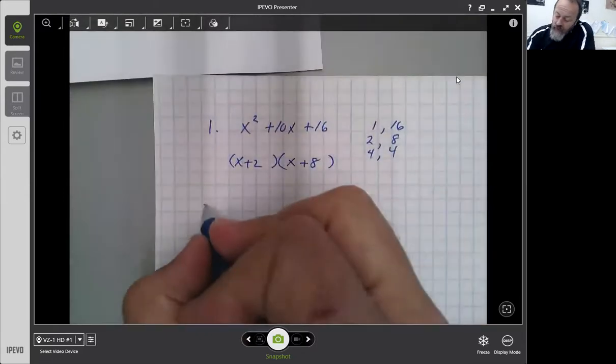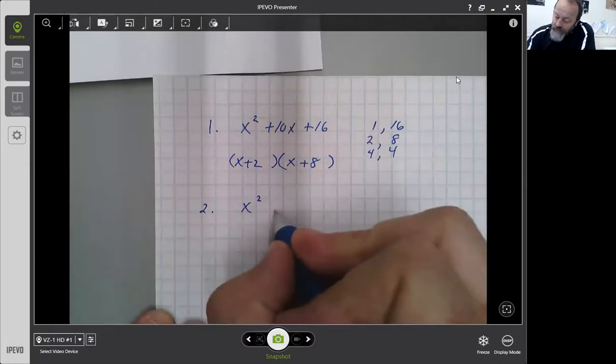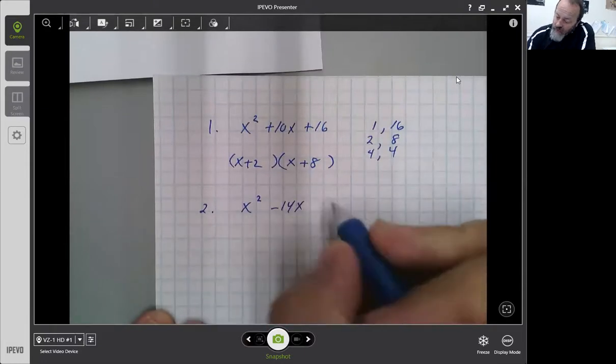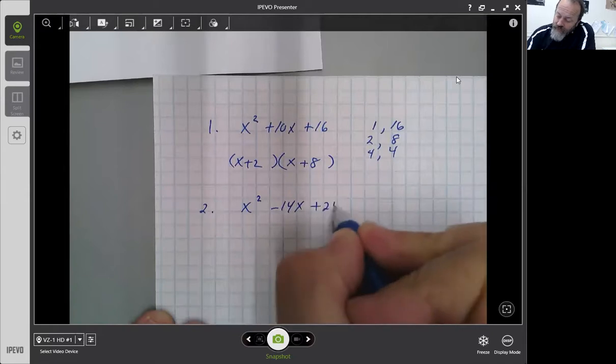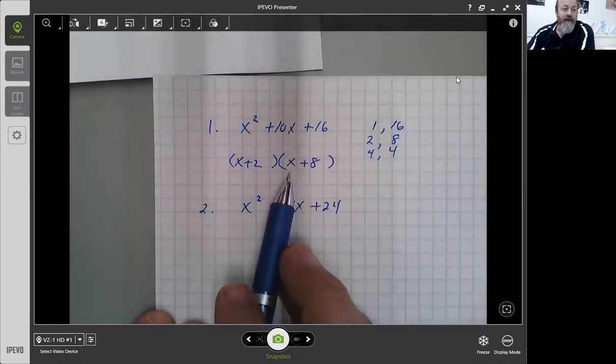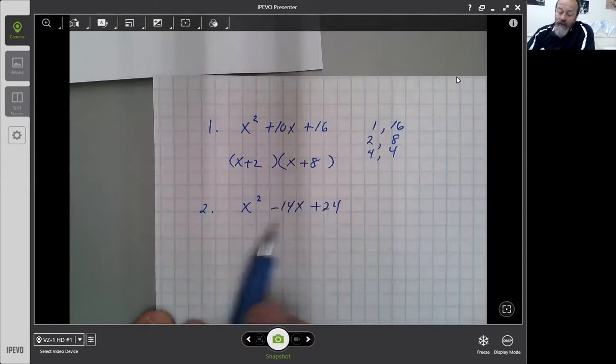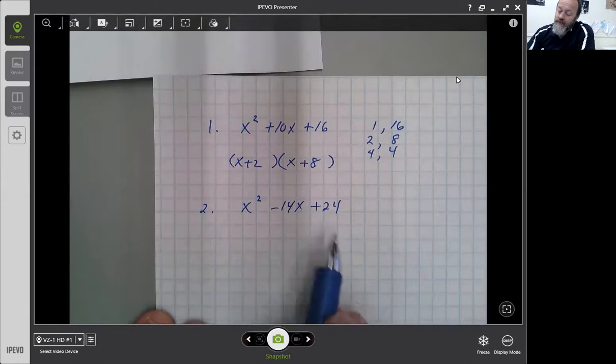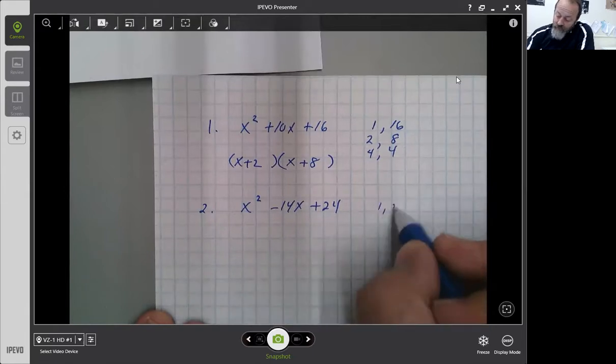Number two, if we change that up a little bit and had x squared minus 14x plus 24, just like the problem above, I need two numbers that have that product and that sum. Notice that a is again 1, so we can just think through the numbers whose product is 24.